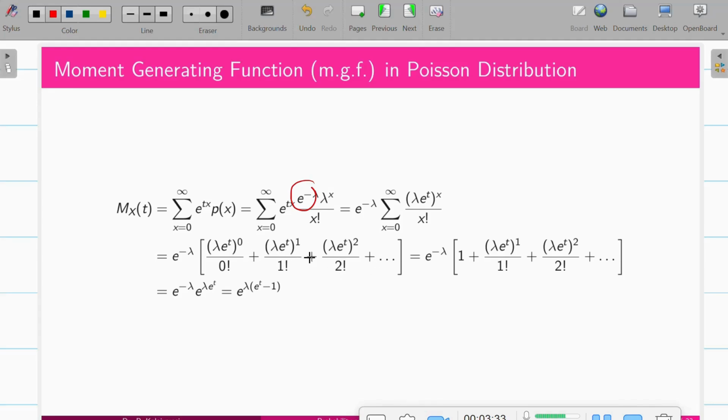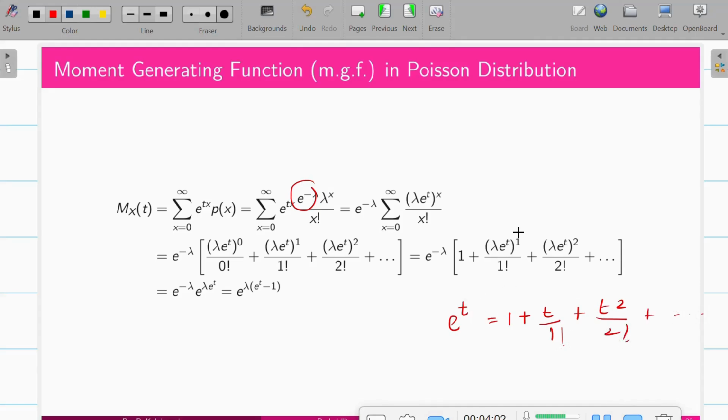Now we simplify. Anything to the power 0 is 1, so it's 1 plus lambda e power t by 1 factorial plus lambda e power t the whole square by 2 factorial, and it goes on. This is nothing but an expansion of e power t. So e power t is 1 plus t by 1 factorial plus t square by 2 factorial, and so on.